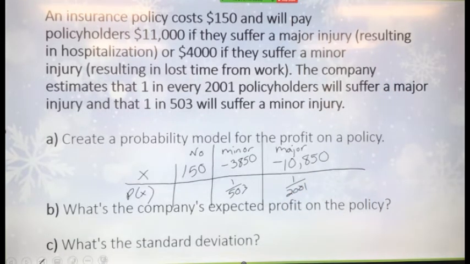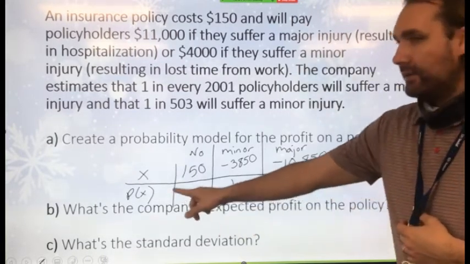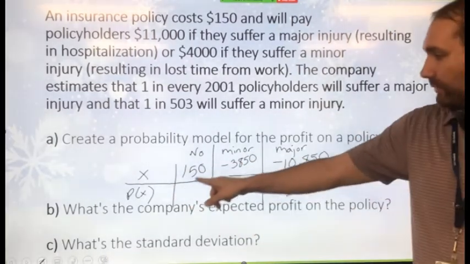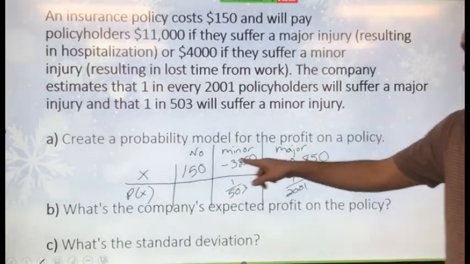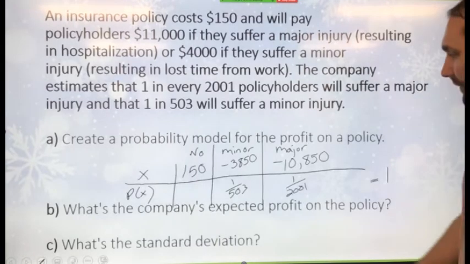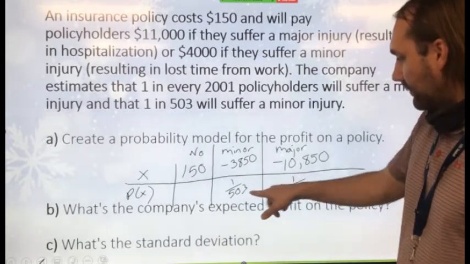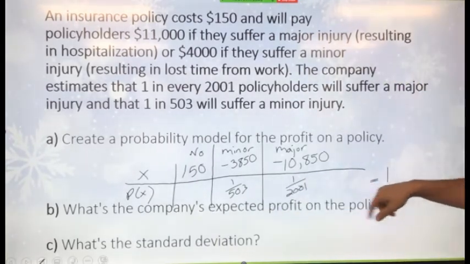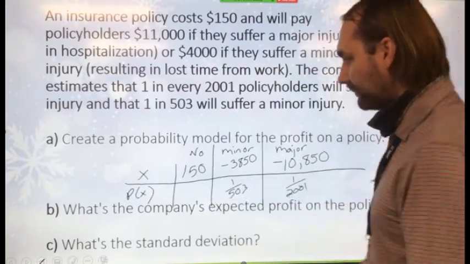How do you think we could find the probability of no injury? If you can remember one of our rules with probability models. Do you add them? All of this must equal to what? 1. Okay? All of this must equal to 1. So I'm going to add these together and then subtract from 1. That should give me this one, right?